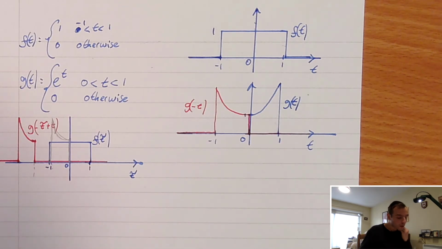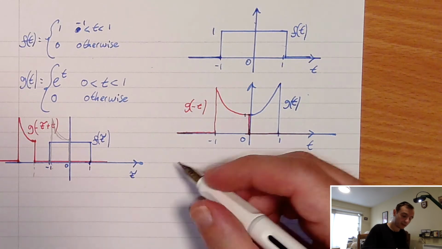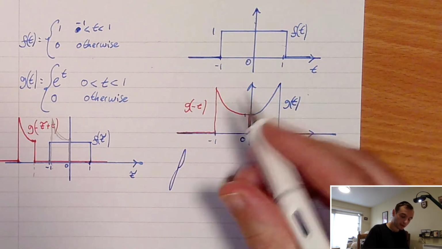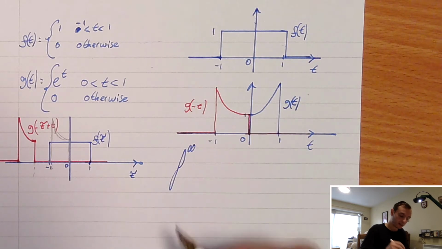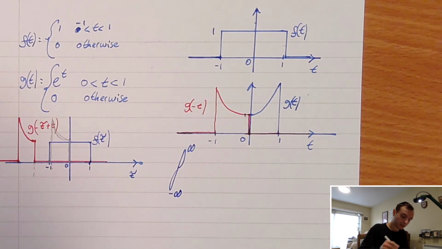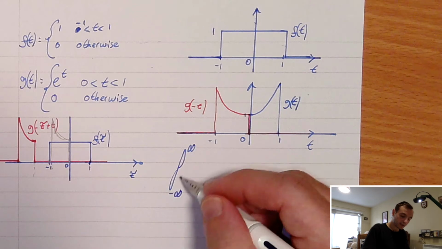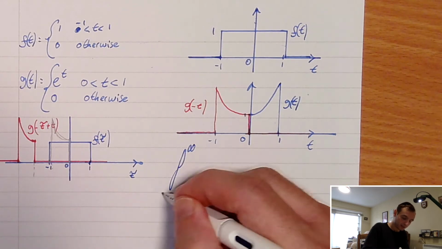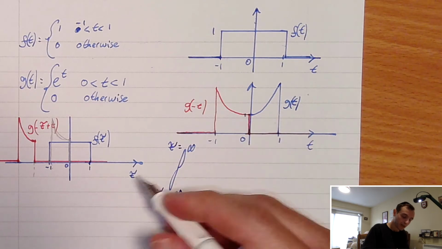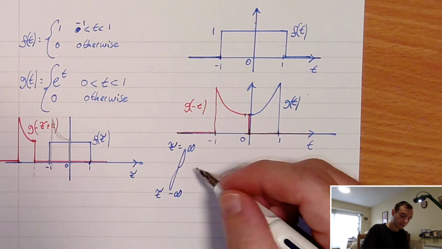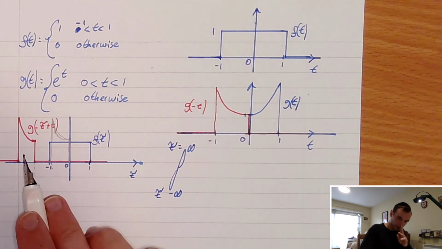So let's think about what the convolution is actually going to look like. Now, we said before that the definition of a convolution function is going to be... actually, no, I don't want to do the definition. Let's try and work things out logically. So it's going to be something between infinity and minus infinity for tau, because this is a tau scale now, for all the values of that. And it's going to be the product of this function and this function, isn't it?